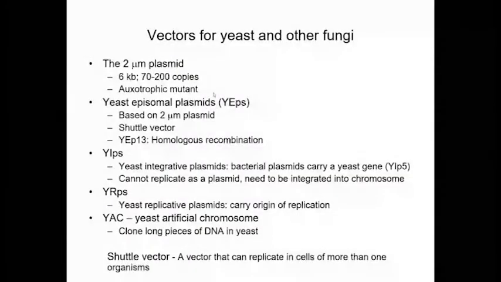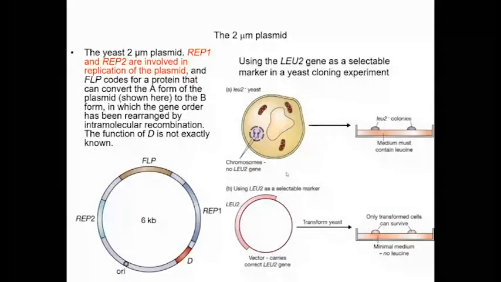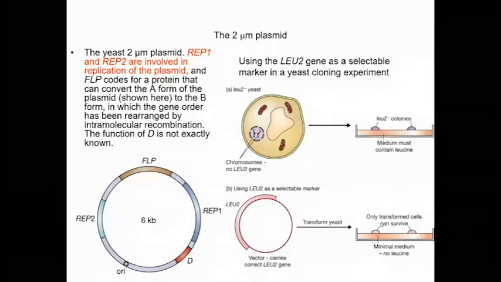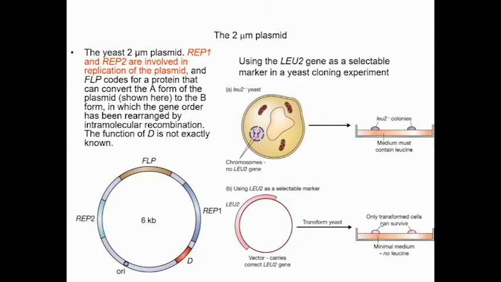That's why it's called an auxotrophic mutant. So if you use LEU2 as the selectable marker and transform the plasmid into the yeast, then only the cells carrying the plasmid will survive. The idea is the same as the antibiotic resistance gene for selection.